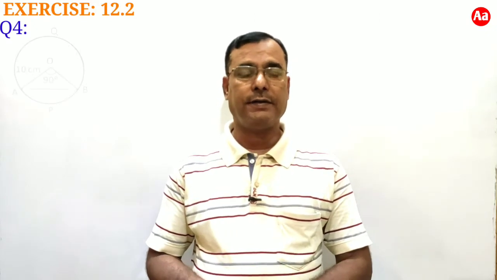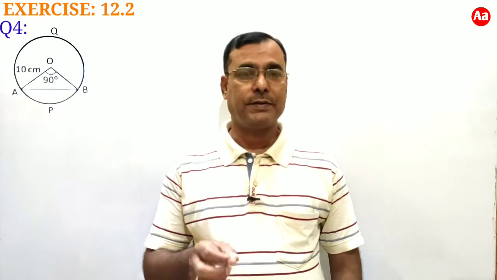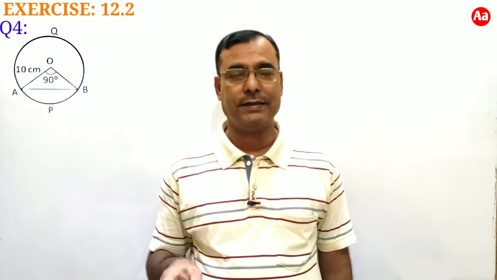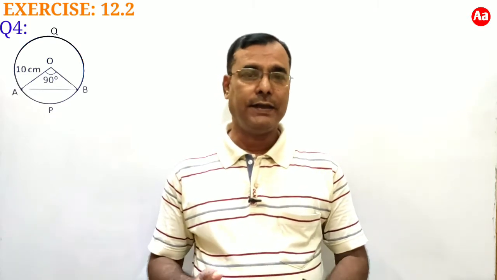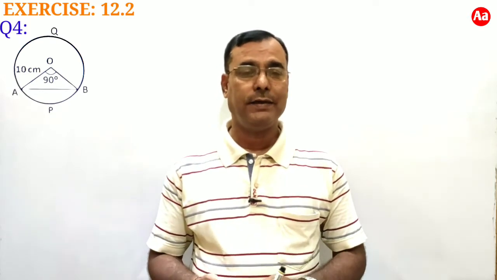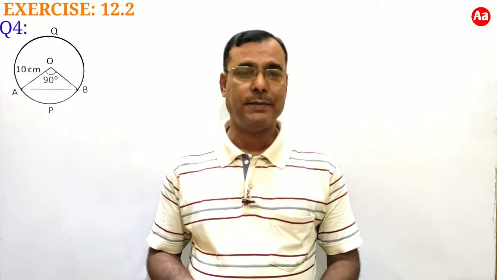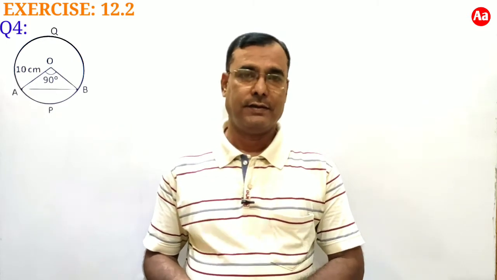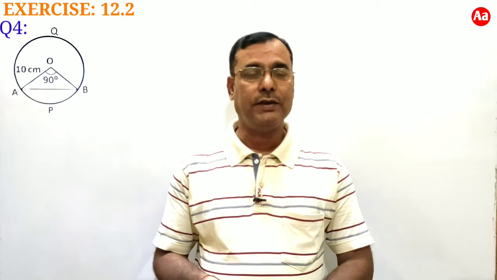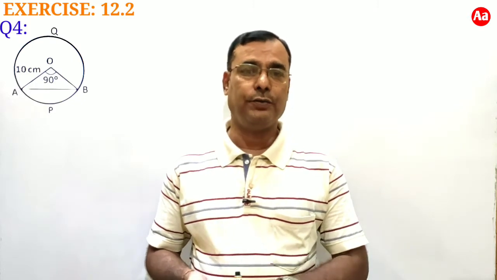Question number 4. A chord of a circle of radius 10 centimeter subtends a right angle at the center. Find the area of the corresponding minor segment and major sector, using pi equal to 3.14 in this question.